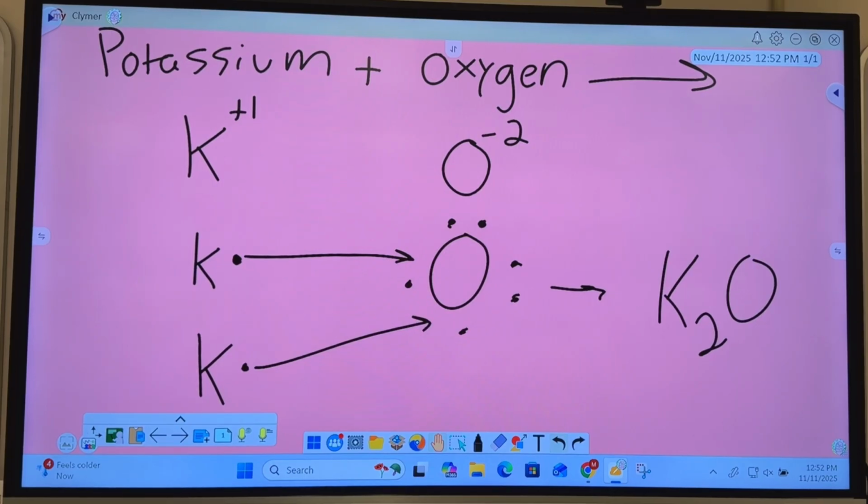There'll be a handful of problems just like this with different bits and pieces. Maybe it'll be lithium and sulfur, or magnesium and chlorine, or whatever. This will be the extent of the quiz on Thursday. Putting together pairs of, in this case, metals and nonmetals, and figuring out what that combination will look like.